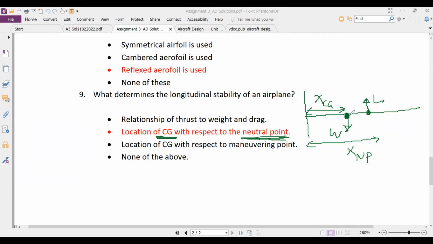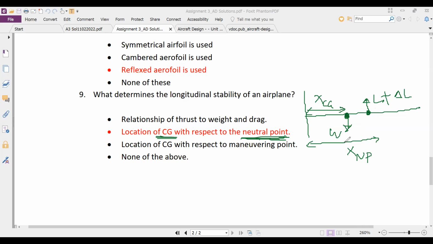Now, lift will increase, and lift is at the back of the CG. Then let's say there is a delta L lift change because some wind gust hits the aircraft and angle of attack increases. So this extra lift, what kind of moment is it going to generate about CG? Pitch up, pitch down, what kind of moment will it generate? Sir, pitch up, sir.